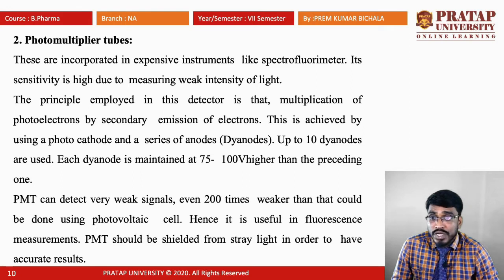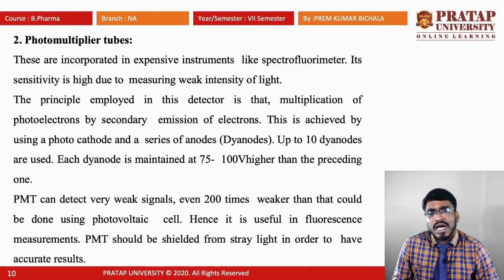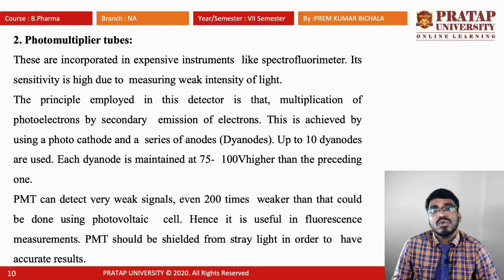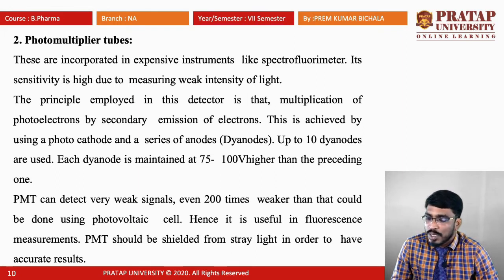This is achieved by using a photocathode and a series of anodes. The series of anodes we can call dynodes. Generally, up to 10 dynodes are used. Each dynode is maintained at 75 to 100 volts higher than the preceding one.